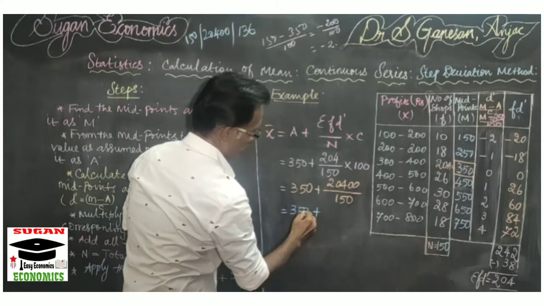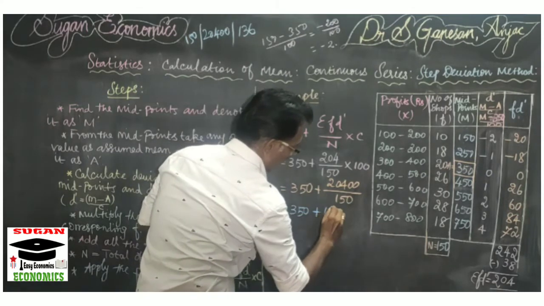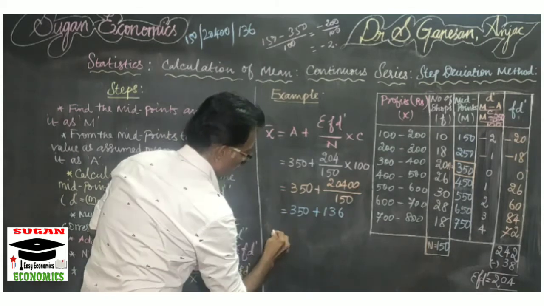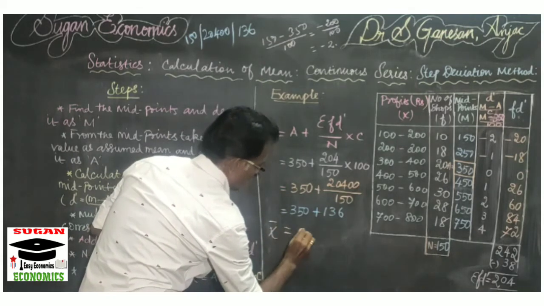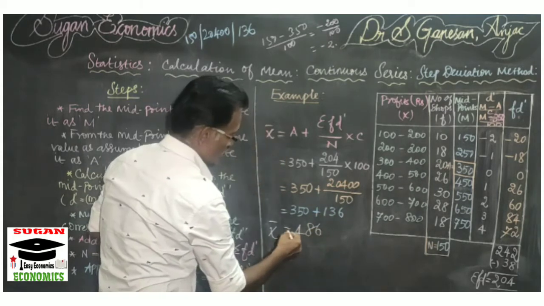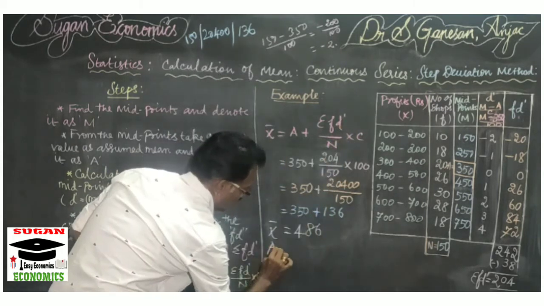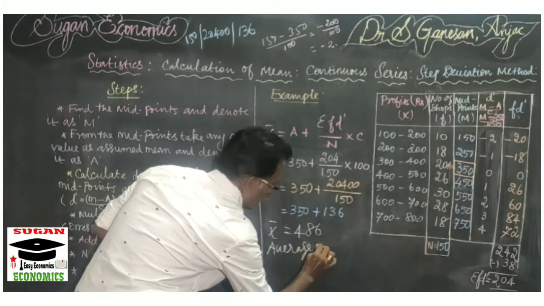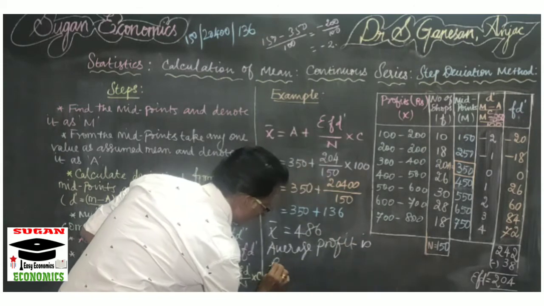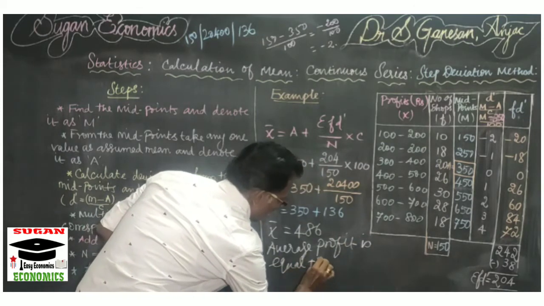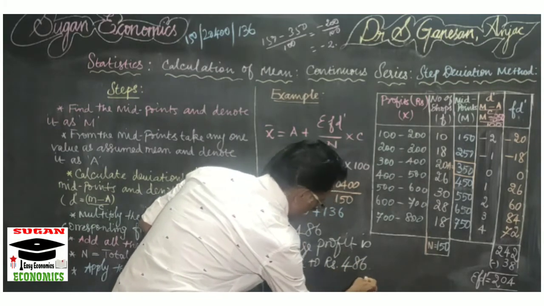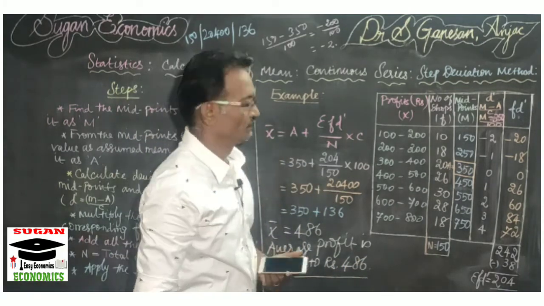So now 350 plus 136, so your x bar value is equal to 486. So here the average profit is equal to rupees 486. Are you clear? Thank you.